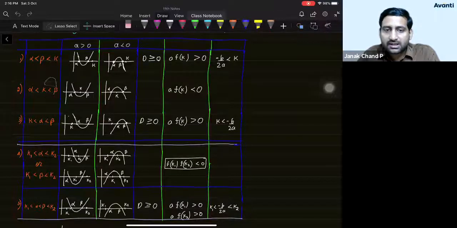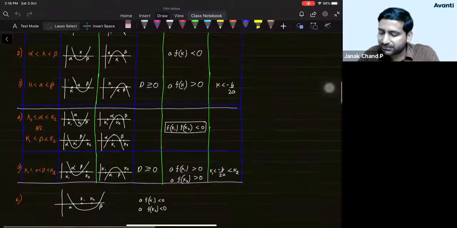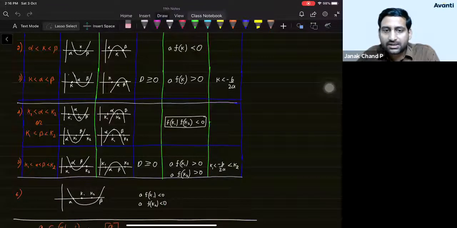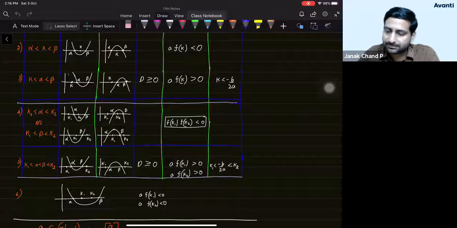If one root is greater but the other root is less than k, it is the second case. Both the roots are greater than k, it is the third case. Then the fourth and fifth cases are with respect to two numbers. For the two given numbers, if only one root lies between them, it is the fourth case. If both the roots lie between the given two numbers, it is the fifth case, right?